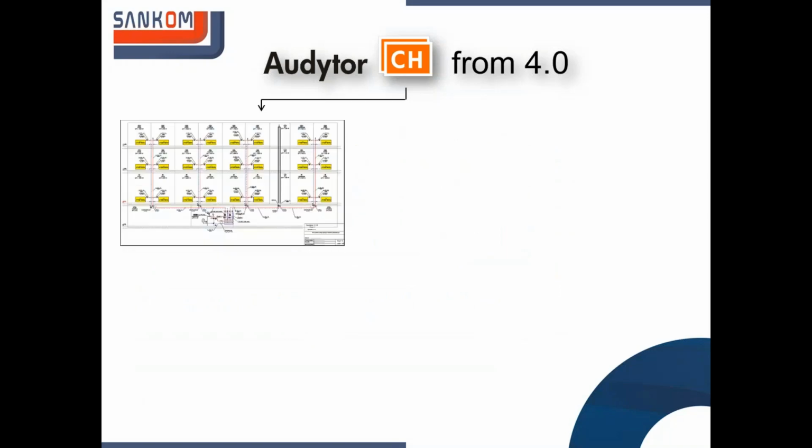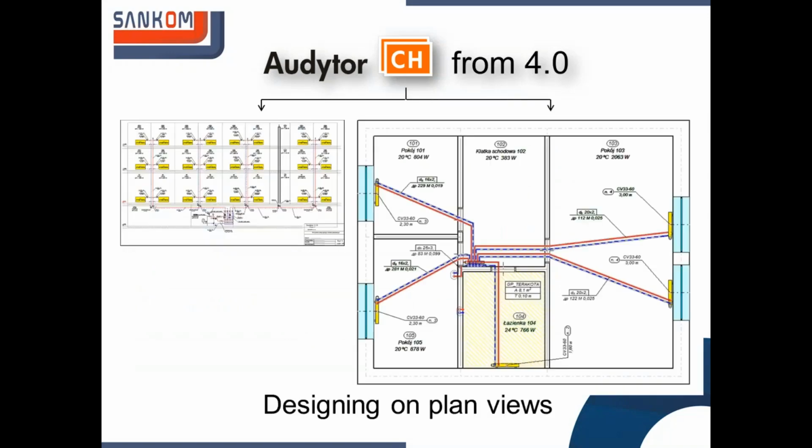And from version 4.0, there is the second method, newer, more modern: designing on plan views. Here you design on flat plan views, and a little bit in a similar way to Audytor HL, the program creates the third dimension.